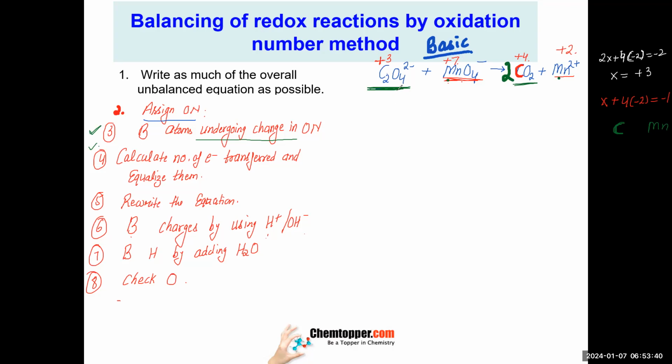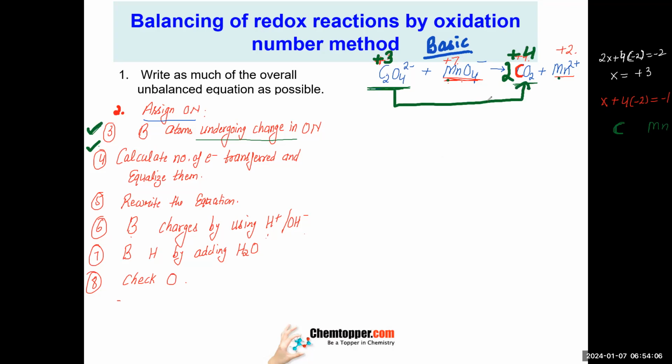Okay, now rule number 3, 2, 3 is done. Now we have rule number 4. Oxidation numbers are written here, plus 3, plus 4. So how many electrons from plus 3 to plus 4? Oxidation, reduction?